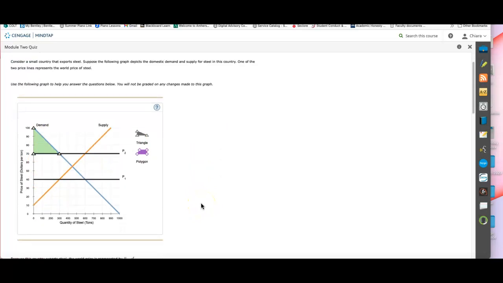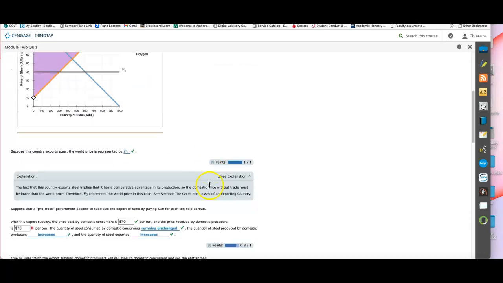Now, the producers, how much are they making? So the producers originally were making only 70, right? So they were making only this. This was the original producer surplus before the subsidy. How much was it? It was $18,000. Now with the subsidy, we increase it to $80, and it's going to be $24,500.